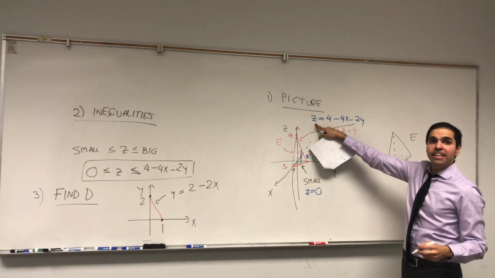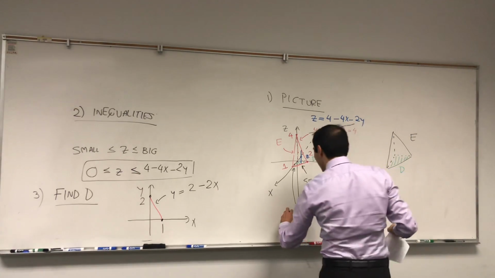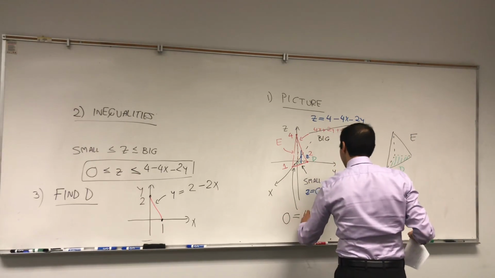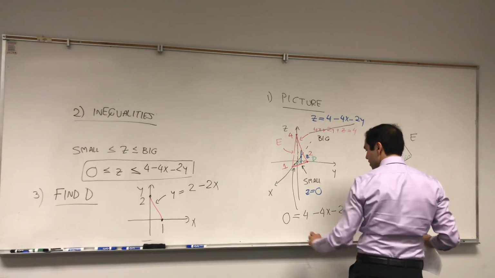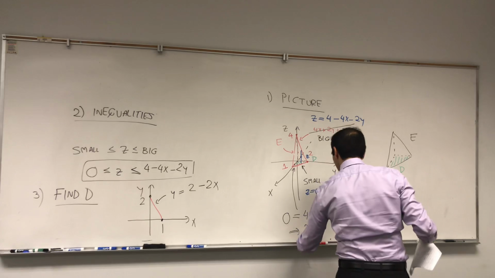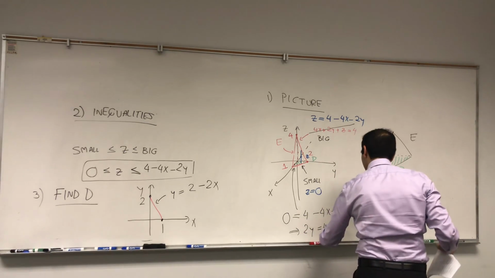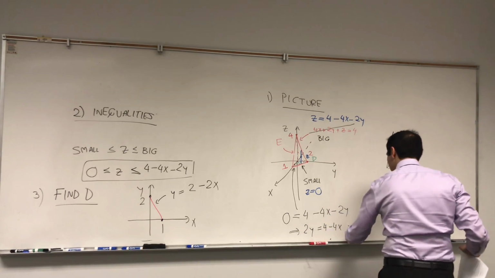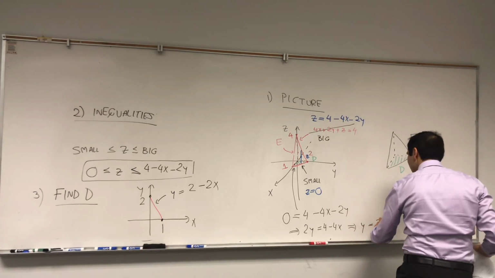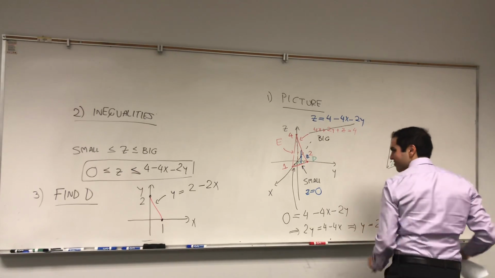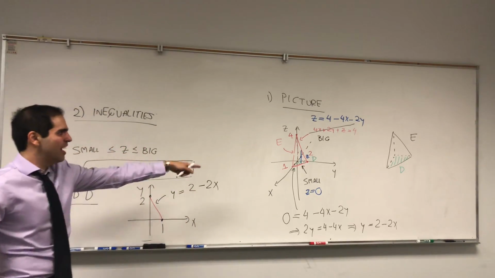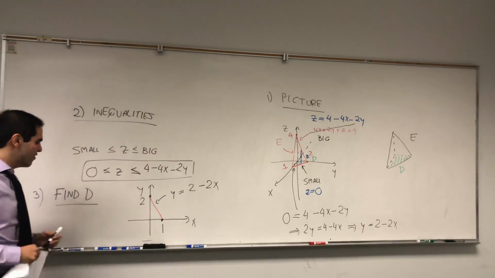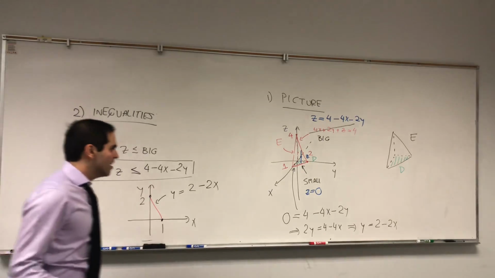So just plug in z equals 0 here and see what happens. So 0 is 4 minus 4x minus 2y, which gives you 2y is 4 minus 4x, and therefore y is 2 minus 2x. How cool is that? You can just get the same line, but using a little bit of 3D geometry.